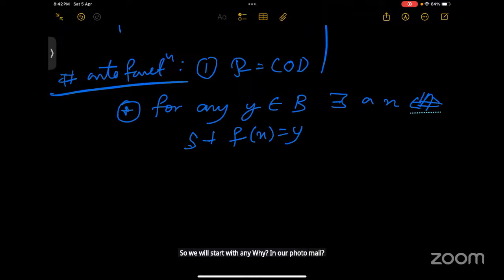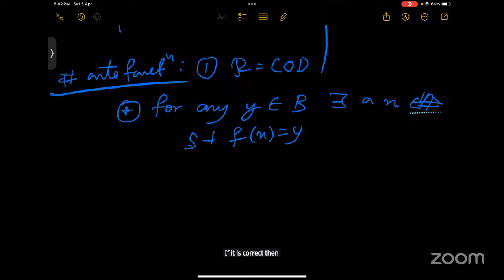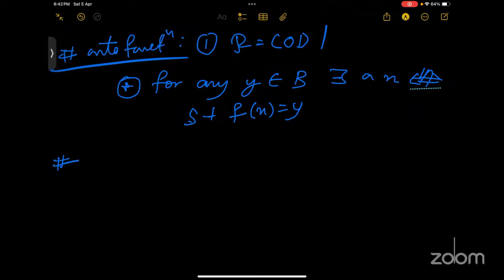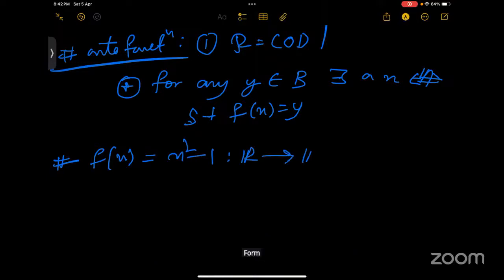Then we check whether there is an x in the domain for which the functional value will be y. If so, the function is onto.